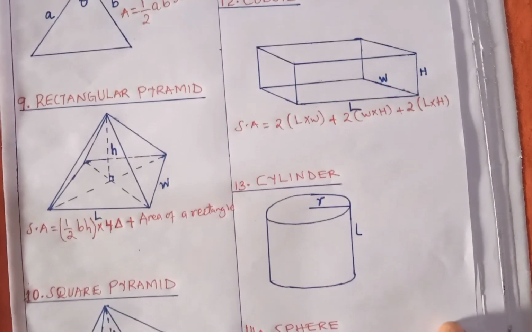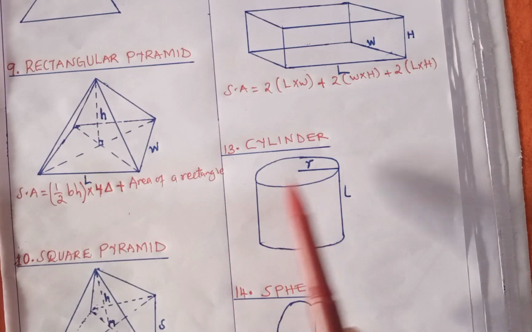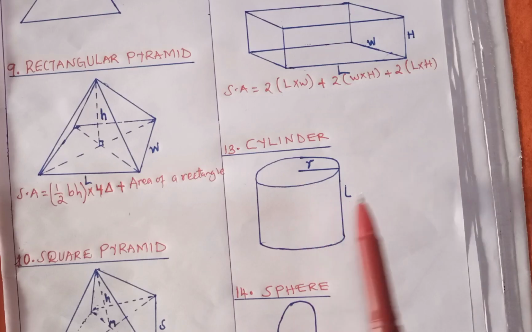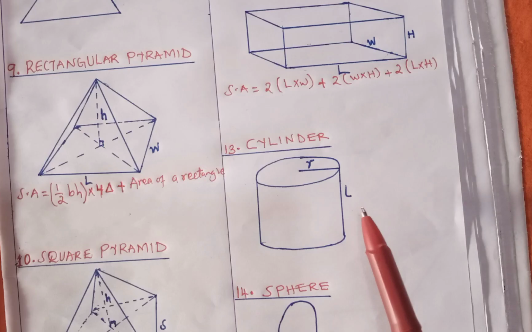The next one we are going to look at is a cylinder. A cylinder, you discover that we have got the radius, we have the circular base, and of course we are having the length on this other side.